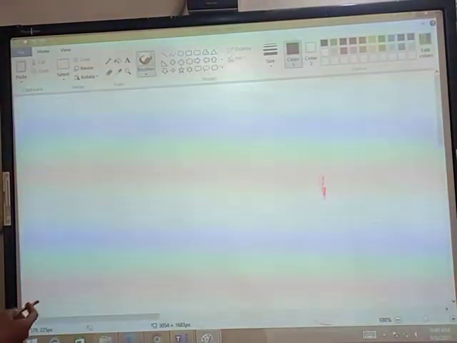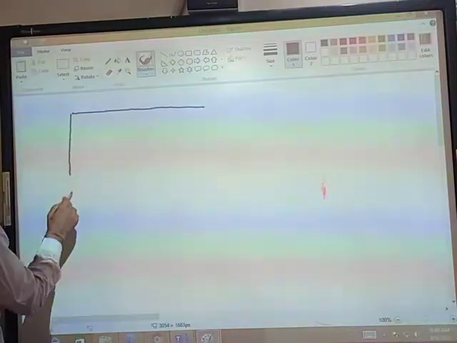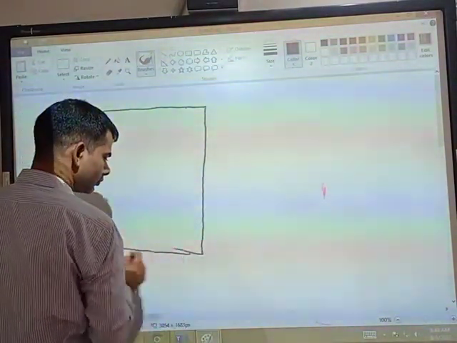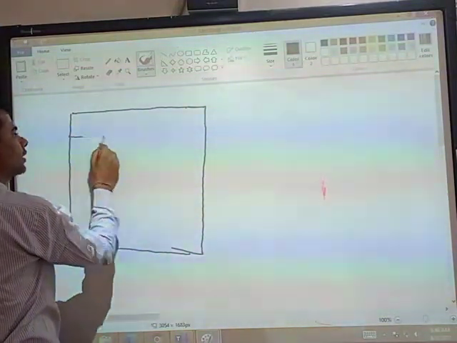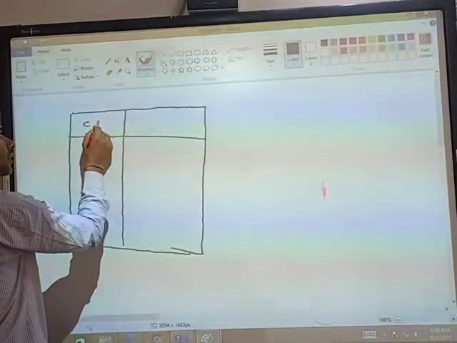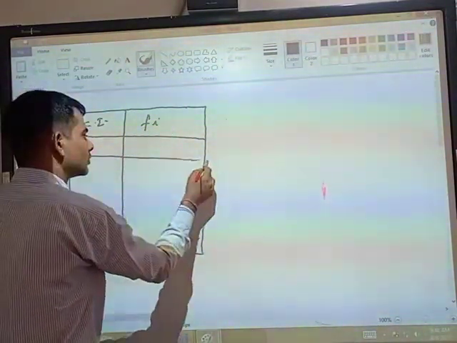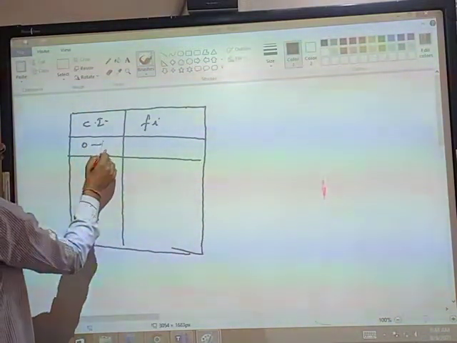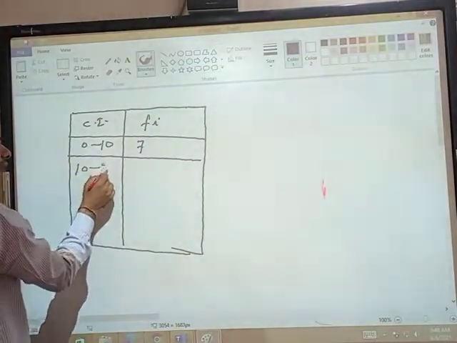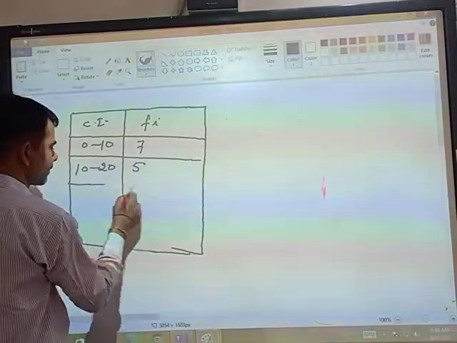You are given data such as this: that is your class interval, that is your frequency. 0 to 10, how many students? 7 students. 10 to 20, how many students? 5 students.